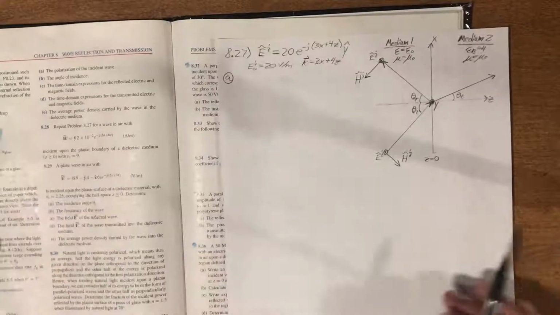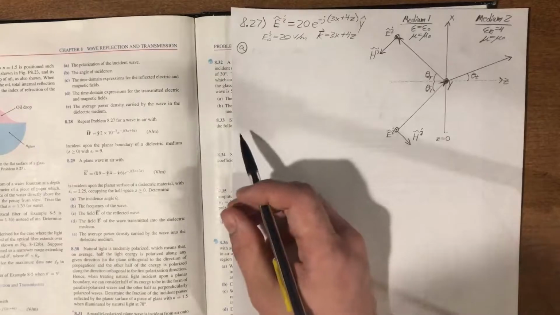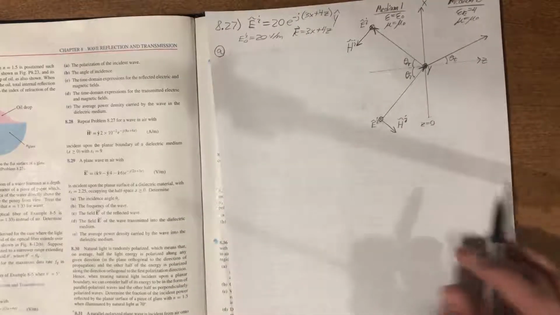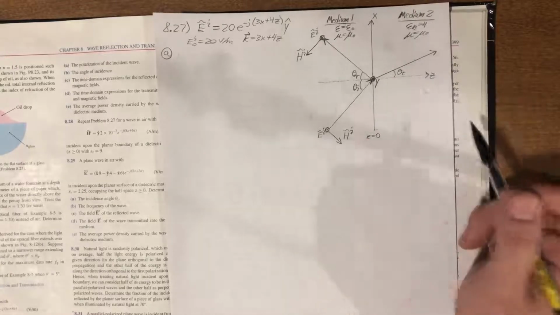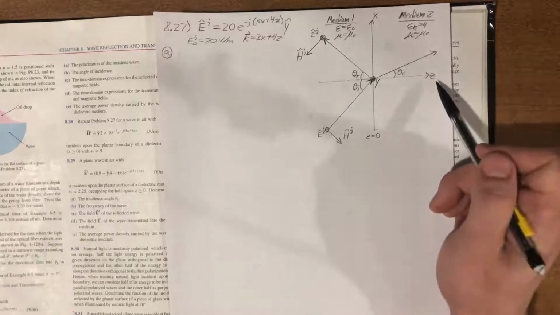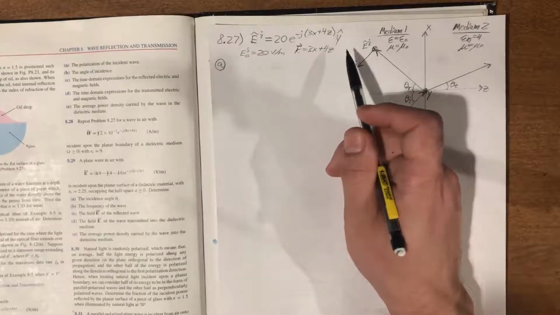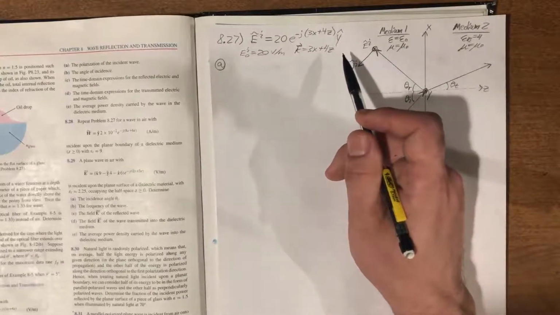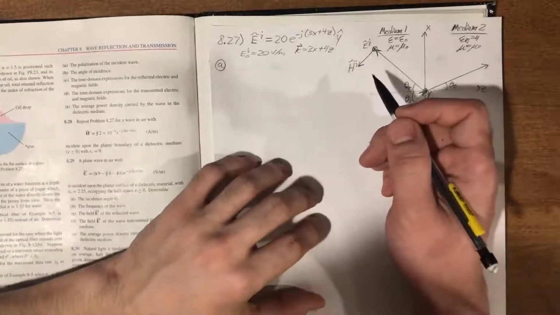So for A, we're asked to find the polarization of the incident wave. First we see that the plane of incidence here is the xz plane, and we also see that the propagation direction for the electric wave is in the y-hat direction.